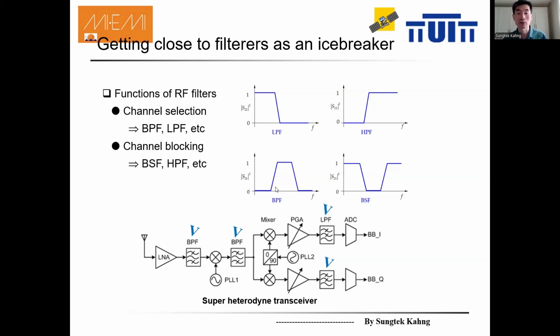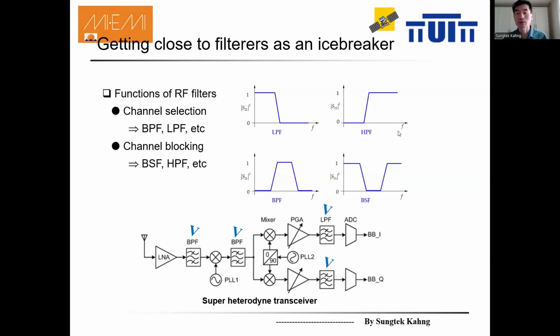This is called a bandpass filter. Likewise, a low pass filter has its passband at the lower frequencies. For the higher frequencies, it tends to suppress the signal. It doesn't want signals from the upper or high frequencies. That is a low pass filter.